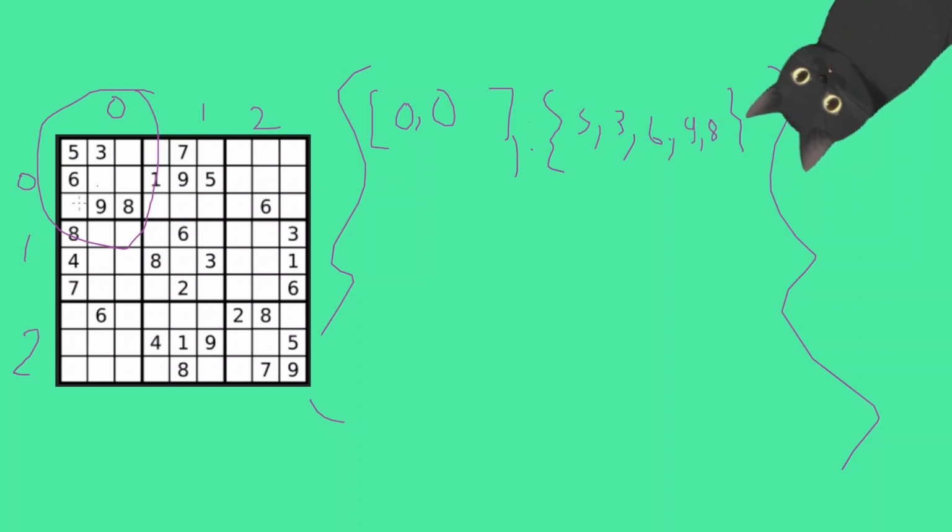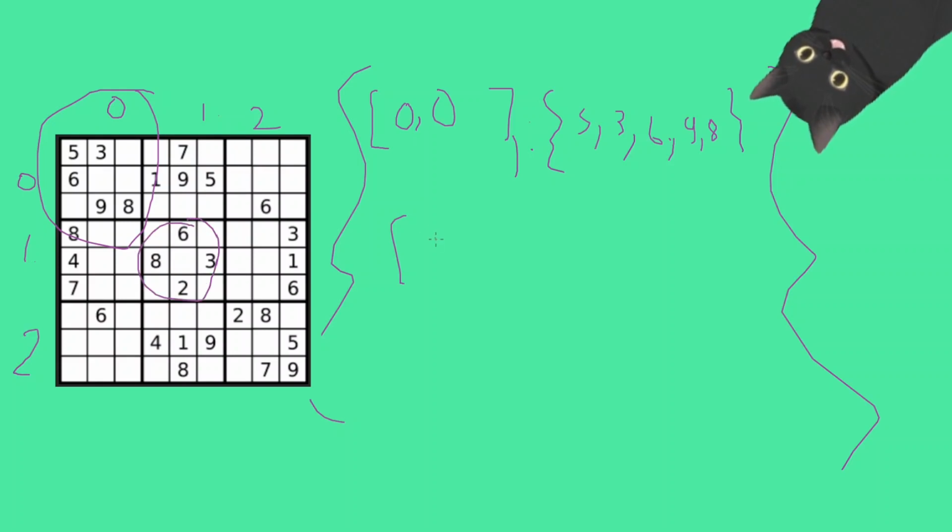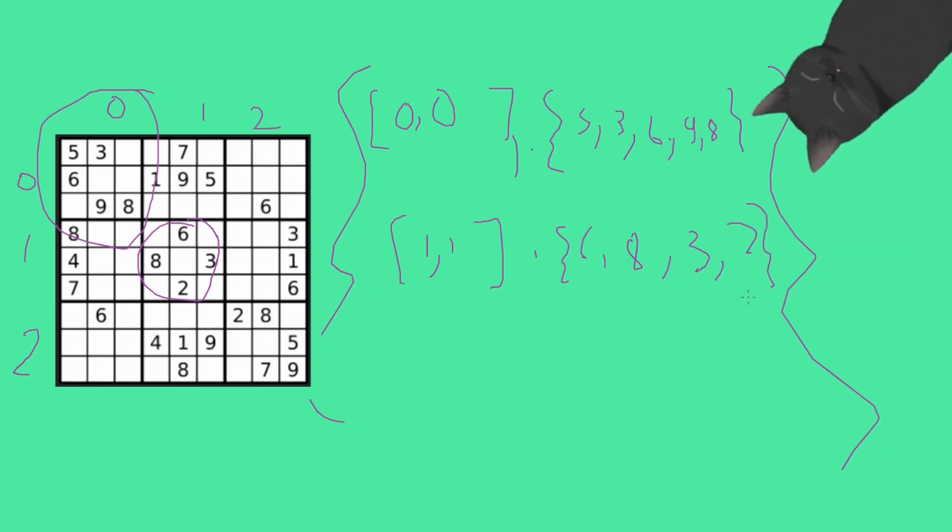This is how we will be basically creating these grids. Similarly, this is the cell 1, comma 1, which will have 6, 8, 3, 2. So this is how the cell data will be fed to the data structure.